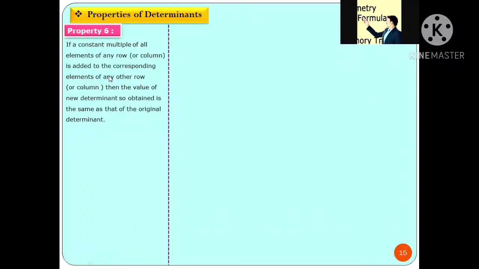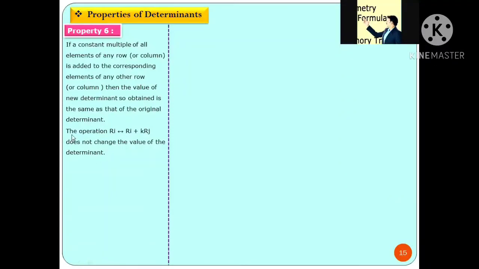I repeat: a constant multiple of all elements of any row or column is added to the corresponding elements of any other row or a column, then the value of the new determinant so obtained is the same as that of the original determinant. With an example, you will understand better. Let us see an example here.